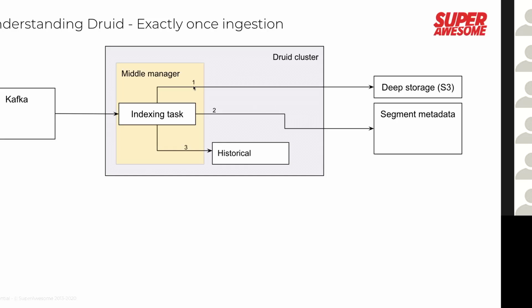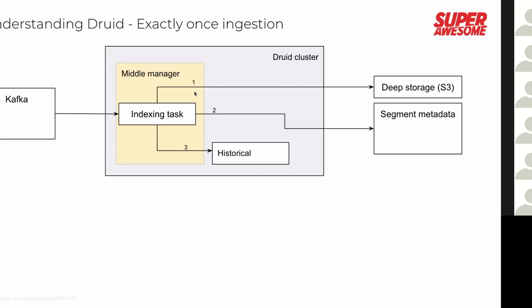So if you lose your task before number 2, so when you are doing the indexing and when saving to S3, you are not actually losing any data because you can simply start the same task again. And you know that it's going to pull the exact same data from Kafka and index it.